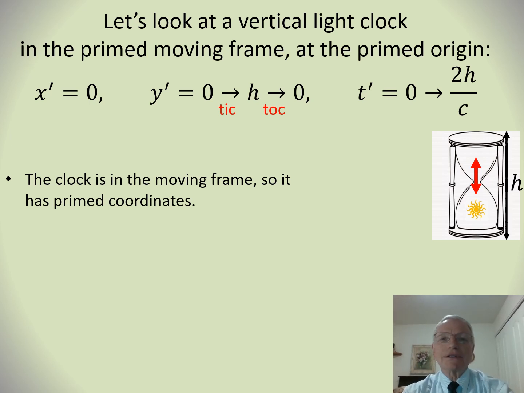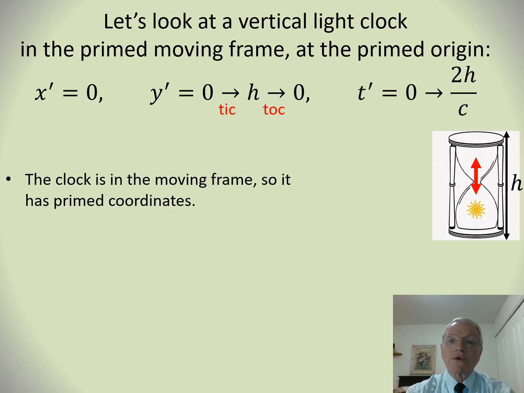Okay, let's look at a friend from last time. This is the vertical light clock that you saw in that movie. So in this light clock, the pulse starts at x prime equals 0, and the clock is just going to sit at x prime equals 0 in its own frame. It's just going to sit at the origin. And the y prime starts at 0.